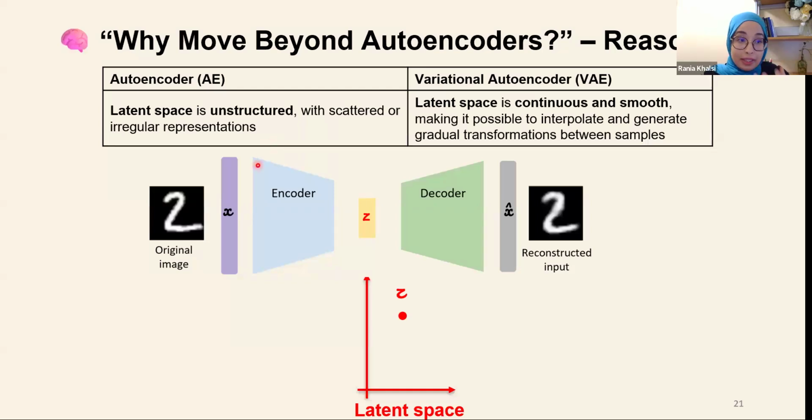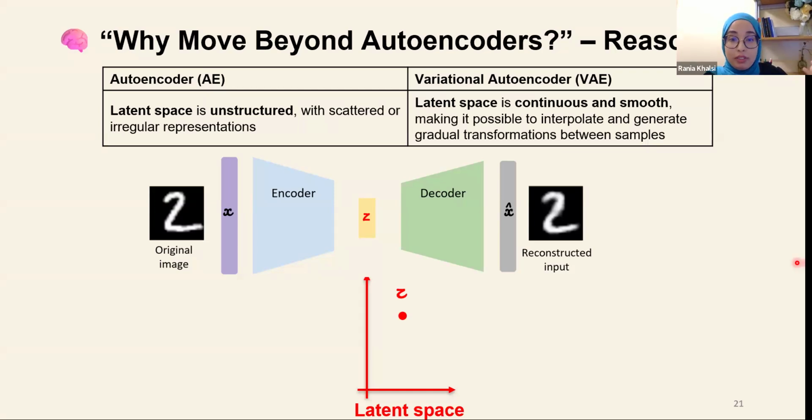We all agree that z here is a purely deterministic layer. This deterministic nature is the main reason the latent space is not organized; it is scattered and uneven. The latent space is also, I would say, unlimited.